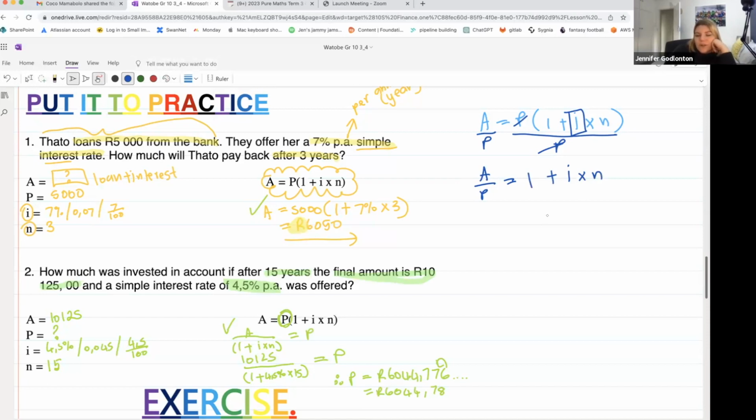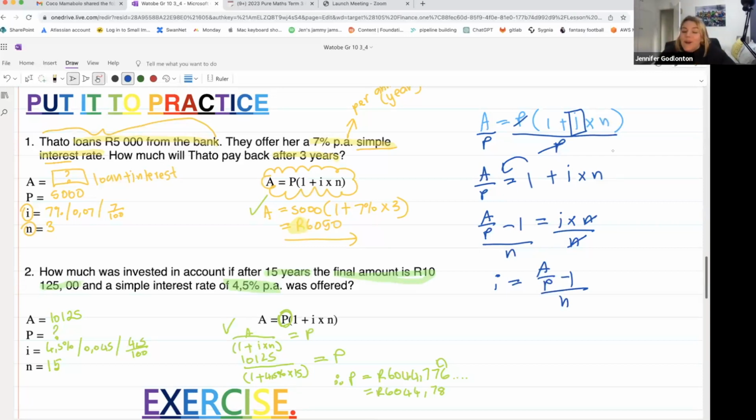And then we're going to transpose our 1 to the left side, so it's going to be -1. Beautiful. And then we're going to divide both sides by N. Yes, look at you. I'm so chuffed. Well done. Thank you, ma'am. We're going to have A over P -1 all over N.